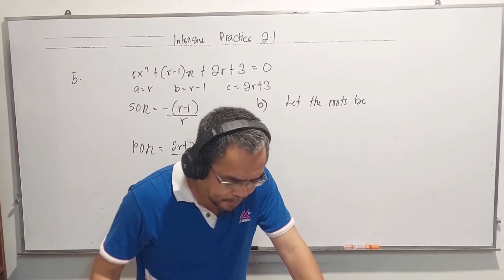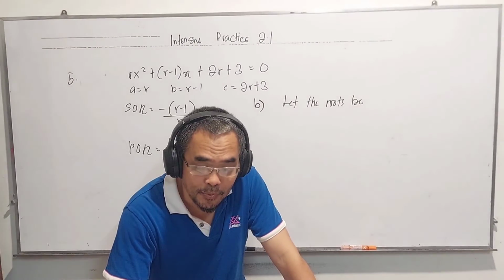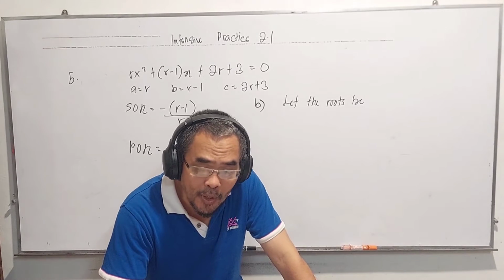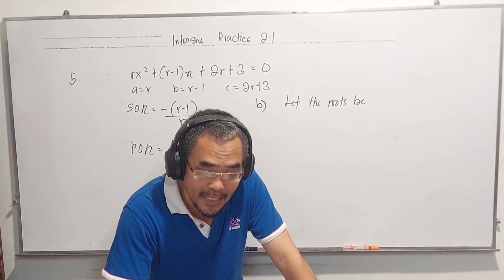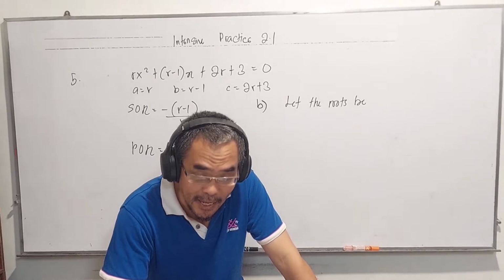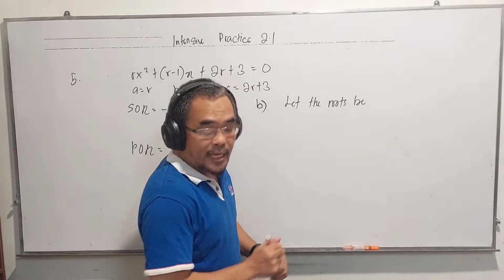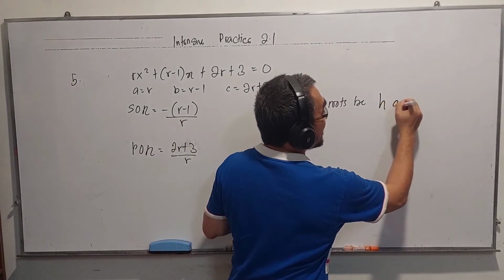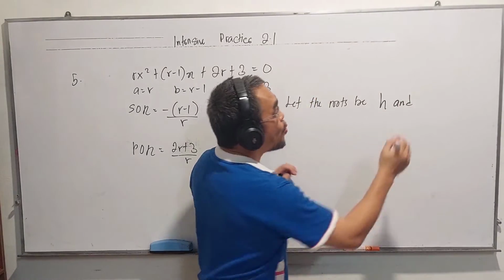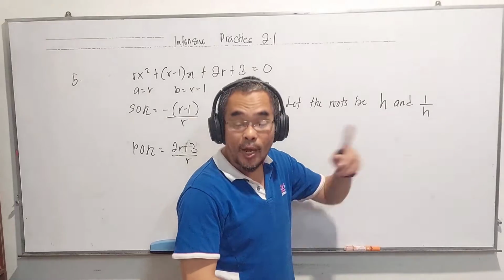For B, one root is the reciprocal of the other root. So what is reciprocal? It is two values which multiply by each other and you get 1. So let the root be h and the second one will be 1 over h, because if you multiply them you get 1.